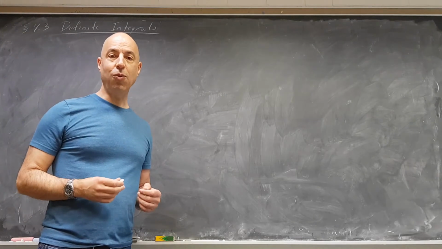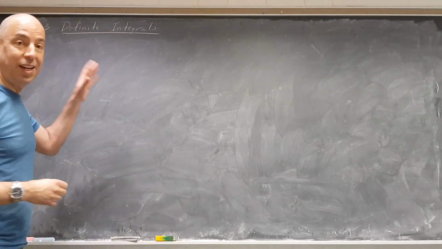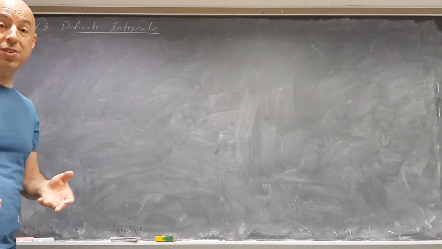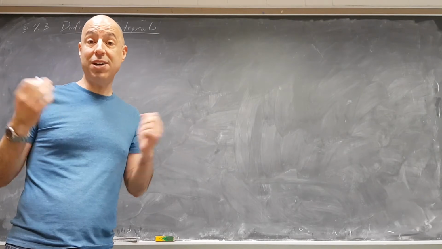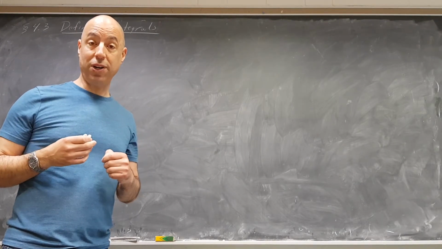So in the last video, we talked about the definite integral, where we had a function whose graph was entirely above the x-axis on the interval that we're concerned about.